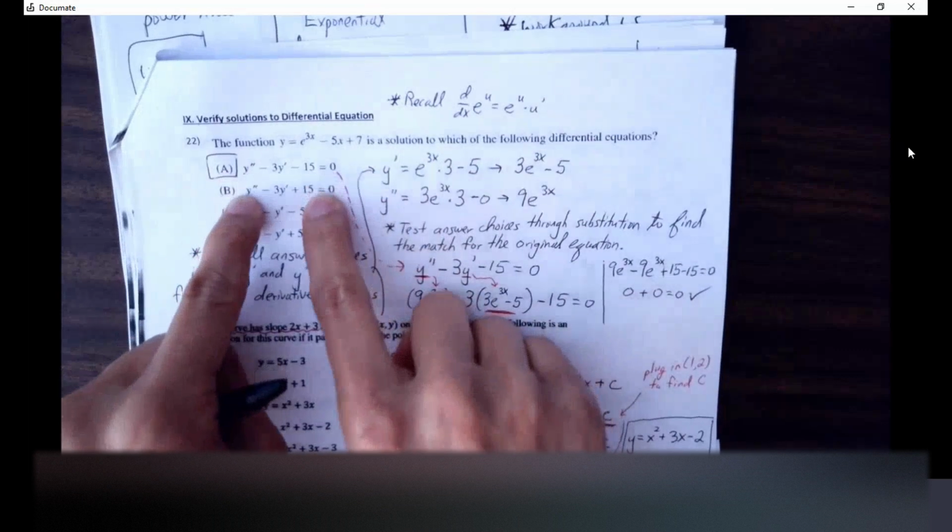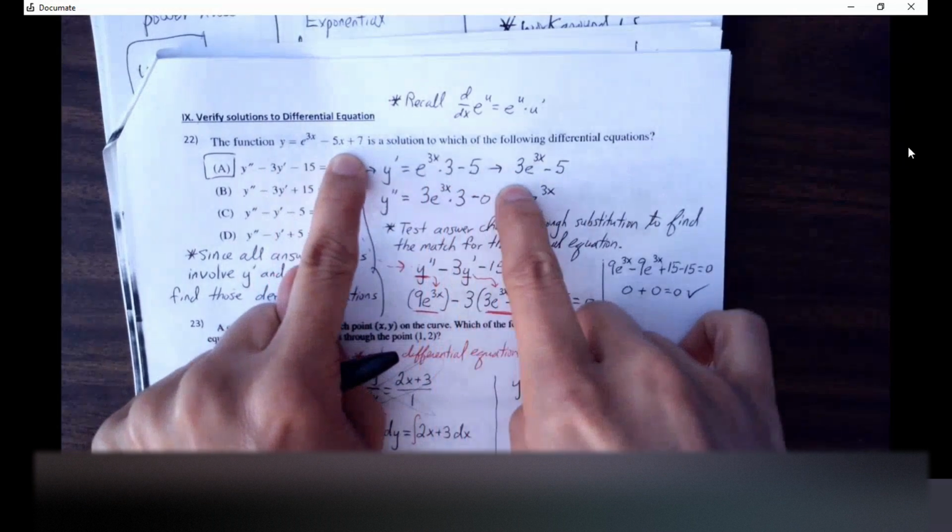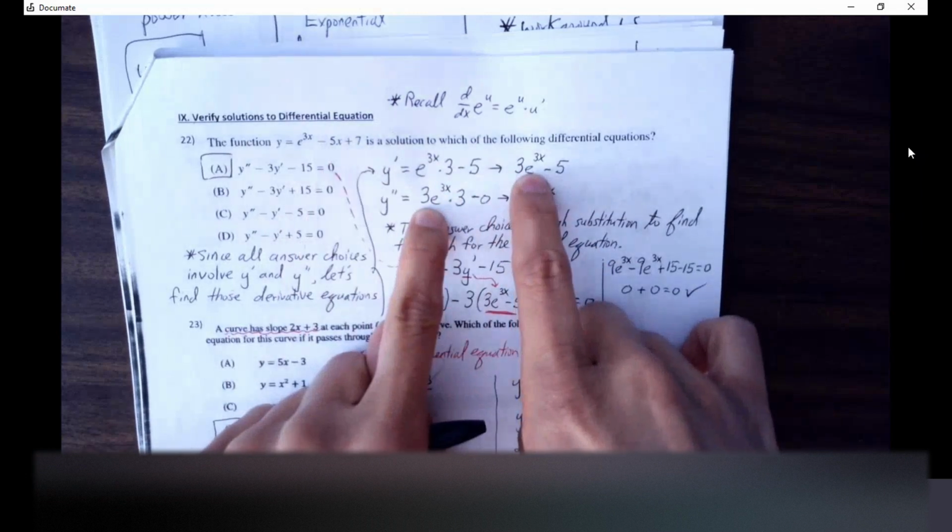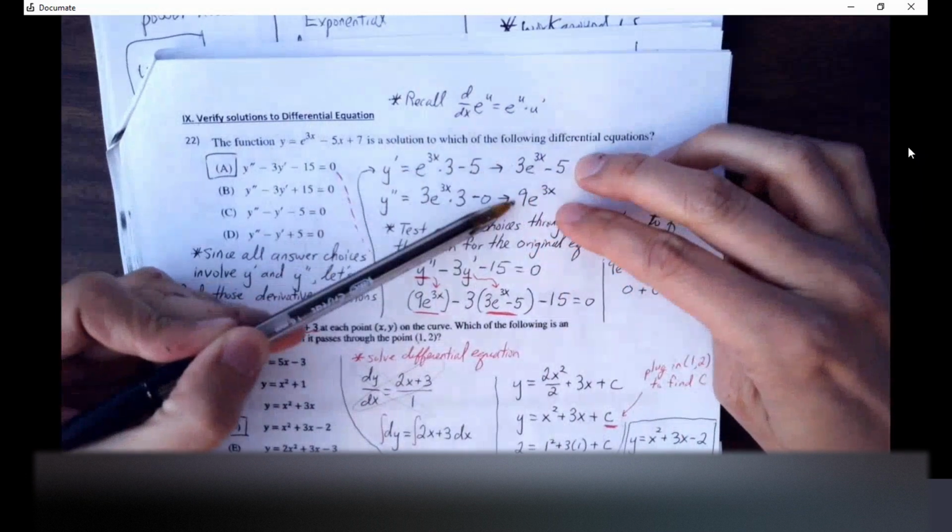So if I look at my answer choices, they all involve y double prime and y prime. So I'm going to find those derivative equations. So y prime is e to the 3x times 3 minus 5. 7 goes away. Y double prime, I keep going. 3e to the 3x times 3 minus 0. So I'm playing with 3e to the 3x and 9e to the 3x, and I'm going to insert these into these equations and see if it will actually give me 0.